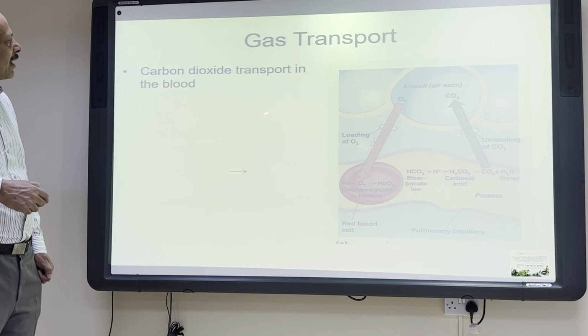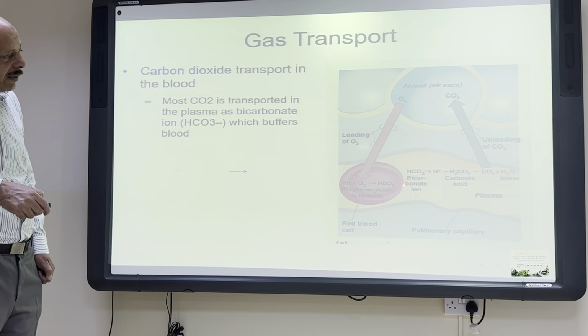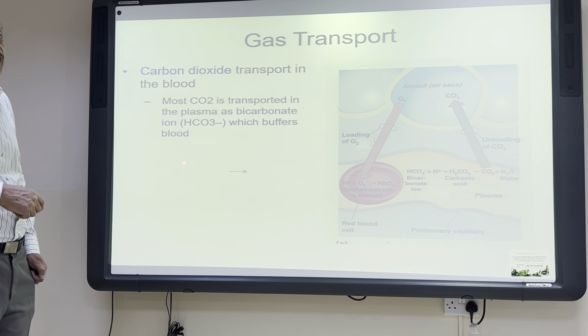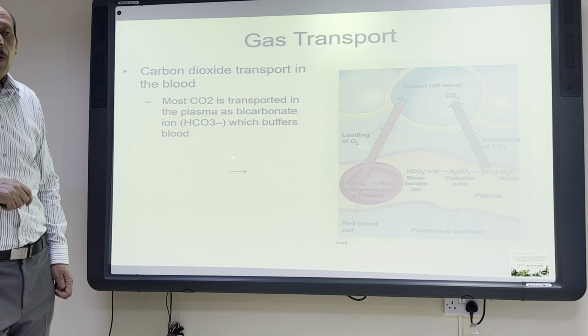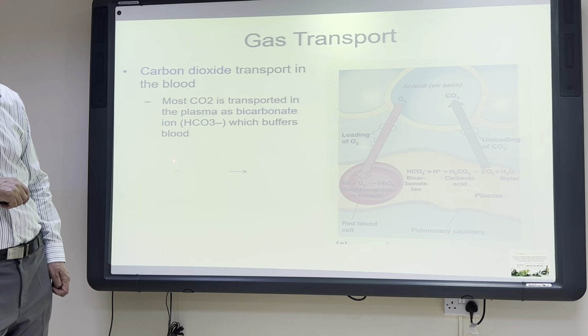For carbon dioxide transport in the blood, most carbon dioxide is transported in the plasma as bicarbonate, HCO3. If you remember from biochemistry, it acts as a buffer. What are buffers?